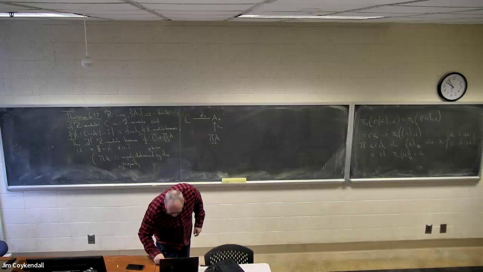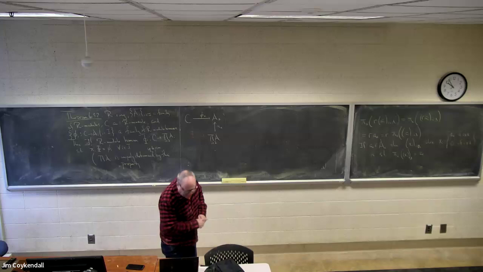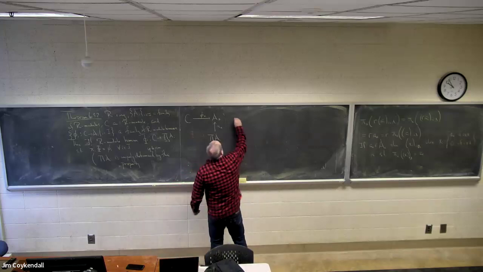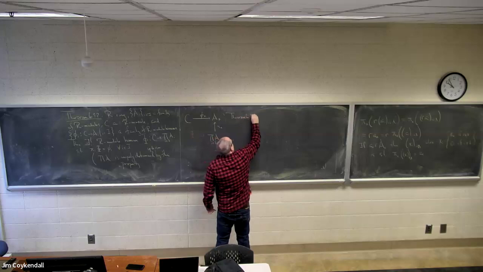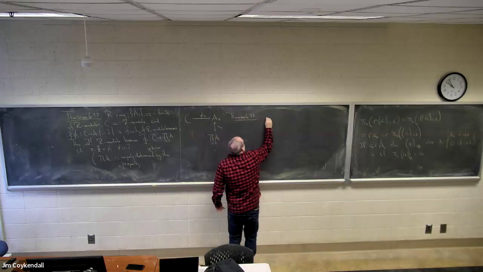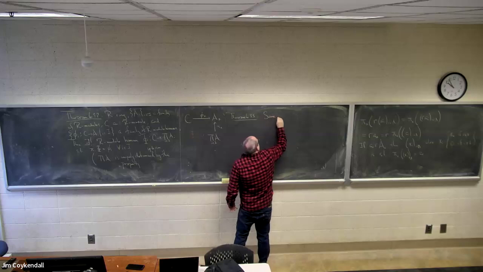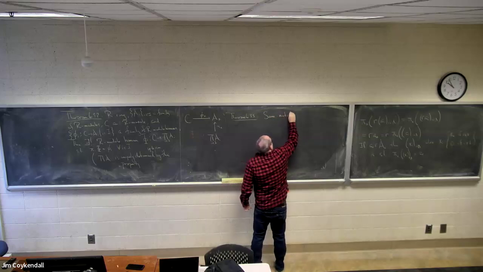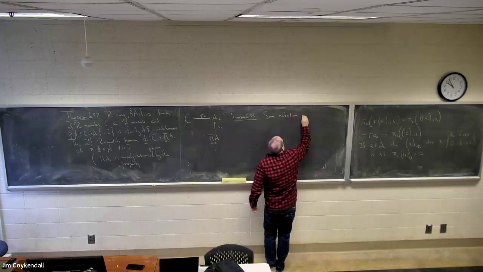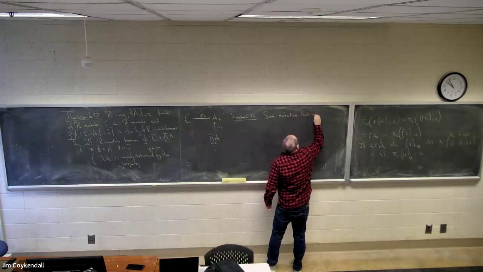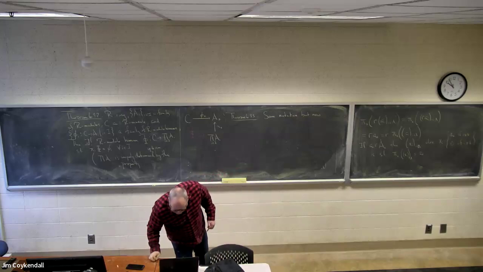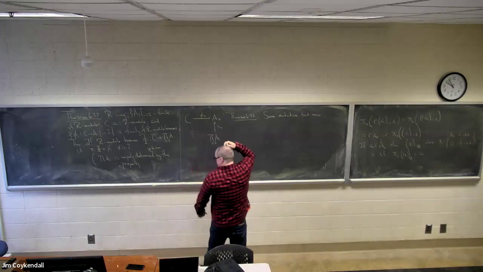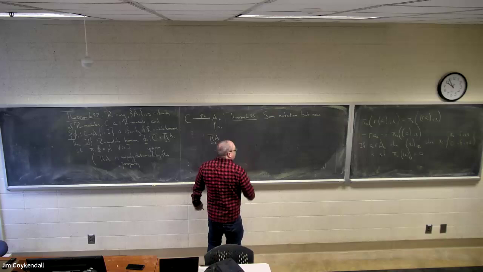The direct sum, I want you to take a look at this, and we'll talk more about this later, is the dual. Same setup. But now we have a family of R module homomorphisms.